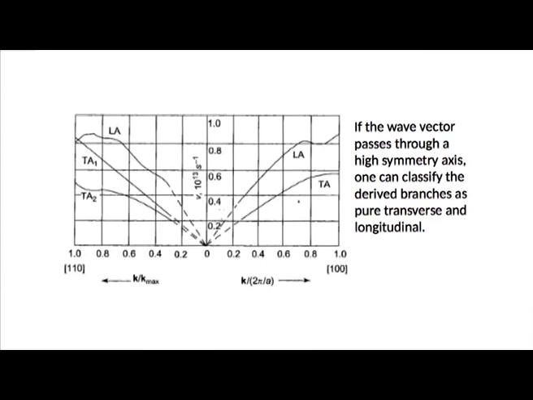but here one should always remember that although there can be very clear divisions into acoustical and the optical branches, there can be cases in which there can be the longitudinal acoustic and transverse acoustic. Why does that situation arise?